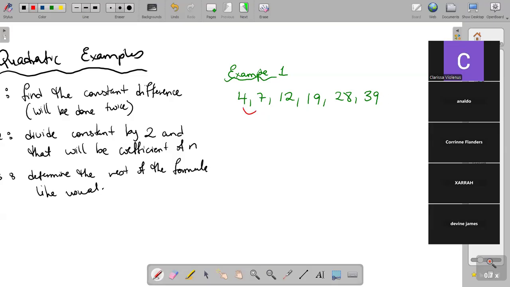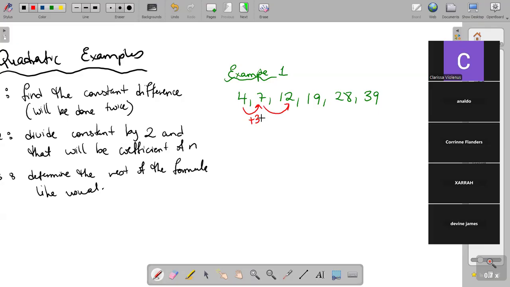How much do I get if I add 4 to 7? Everybody should be posting your answers. Let's go. And it's not just 3. Remember, you must indicate whether you add or subtract 3. That's extremely important. So that's plus 3. Everybody agree? But what happens when I move from 7 to 12? That's not plus 3. How much is that? Not plus 4 either.